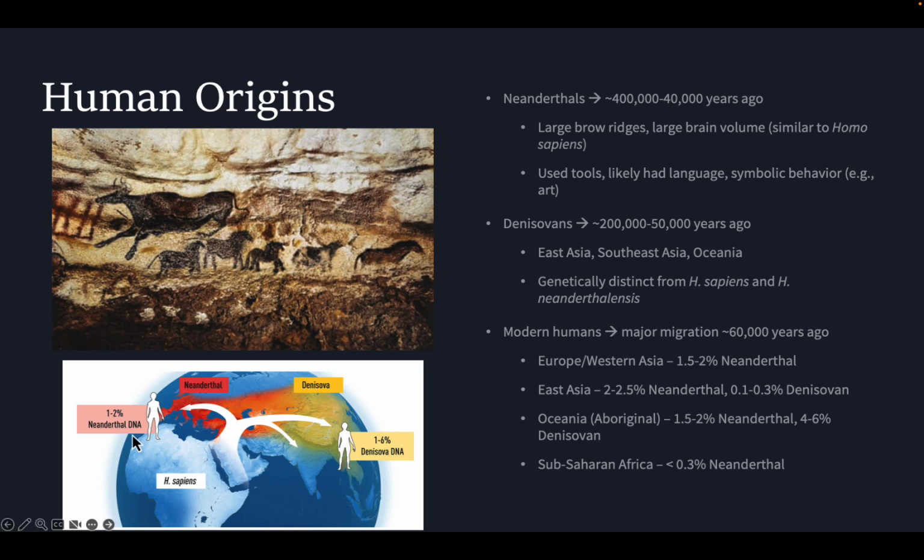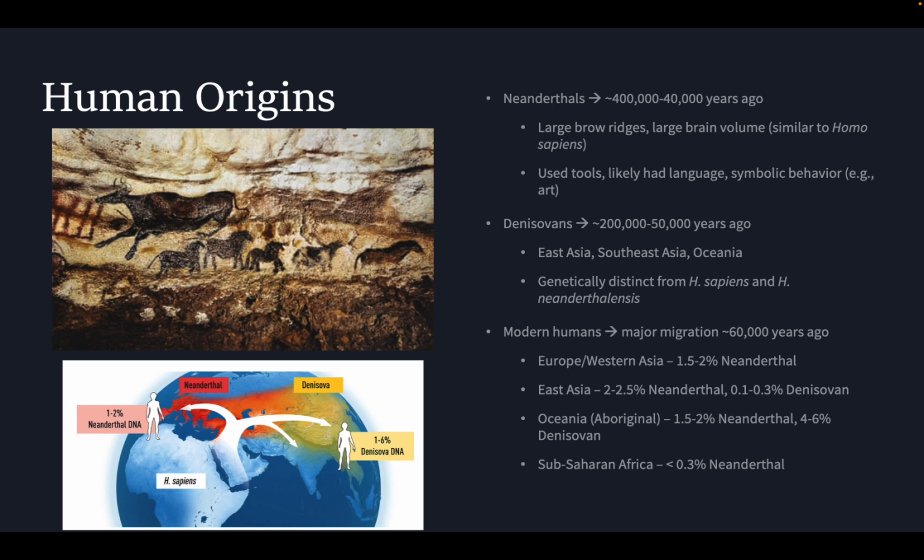What we tend to see is that individuals of Western and Northern European descent and even parts of Western Asia have anywhere between 1 and 2% Neanderthal DNA.